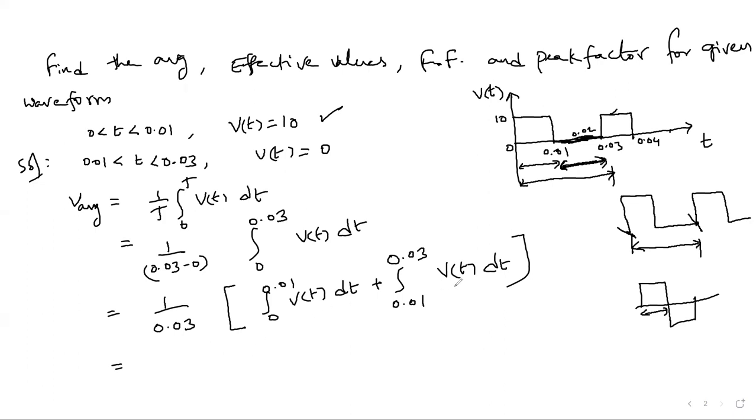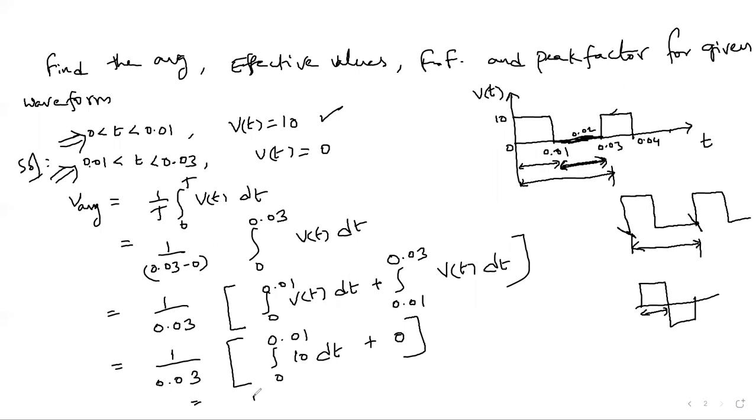I'm splitting the intervals. Now in between 0 and 0.01, what is the value of V of t? 10, very good. 10 dt plus in between 0.01 to 0.03, what is the value? 0. So I'm directly mentioning it as 0.